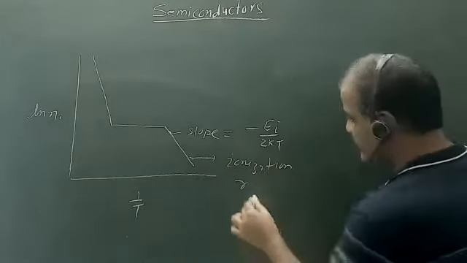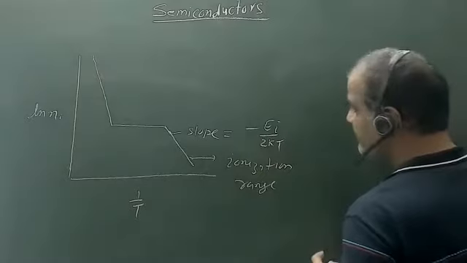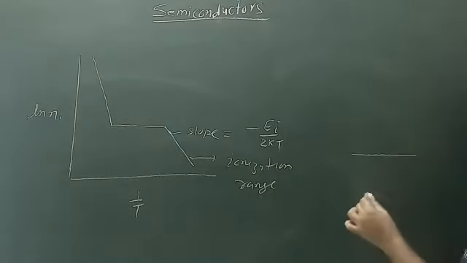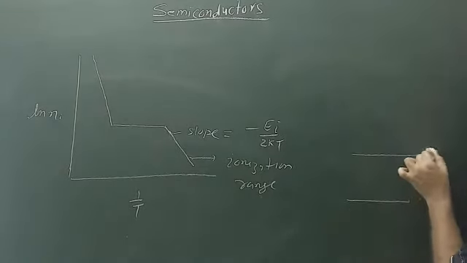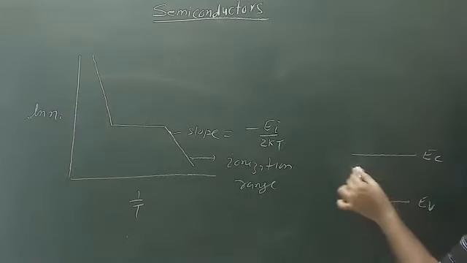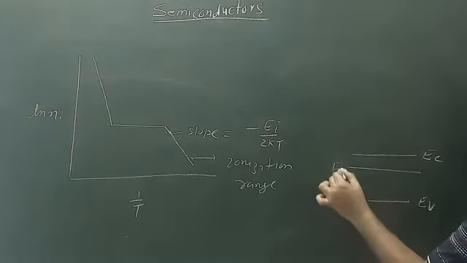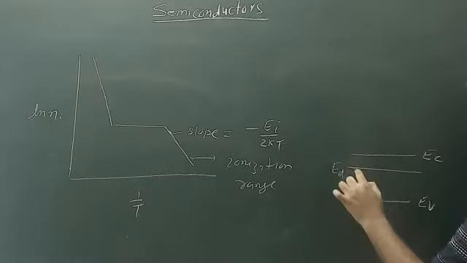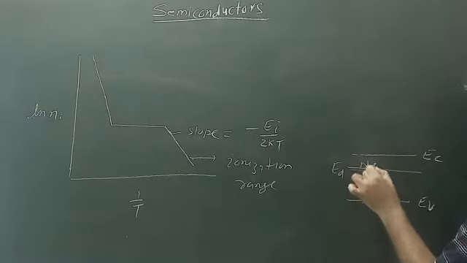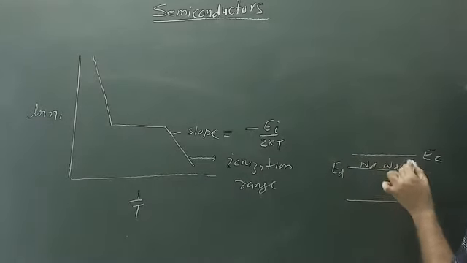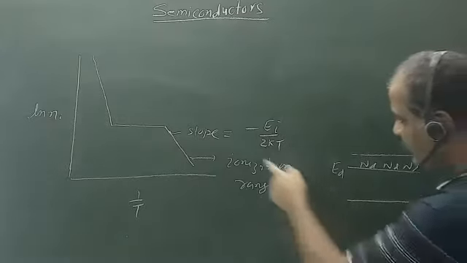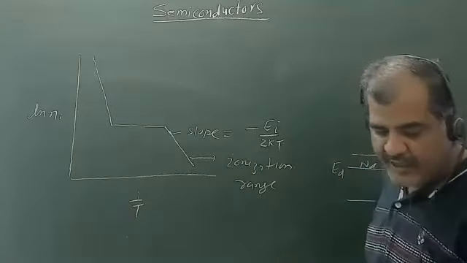Ionization range means our atoms get ionized. This is Ec, this is Ev, and this is Ed. At low temperature this energy is small and my atom is getting ionized, and the slope of this graph gives the ionization energy.